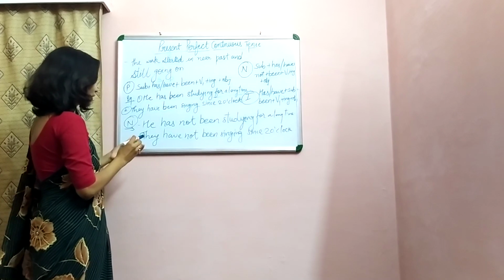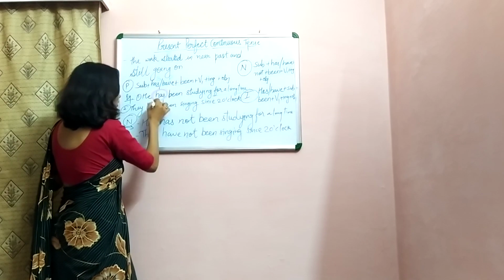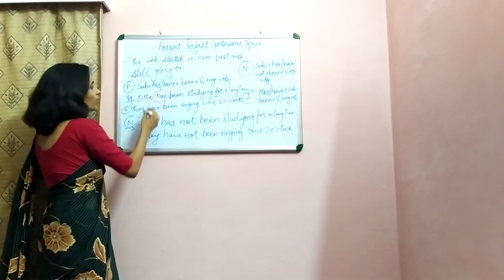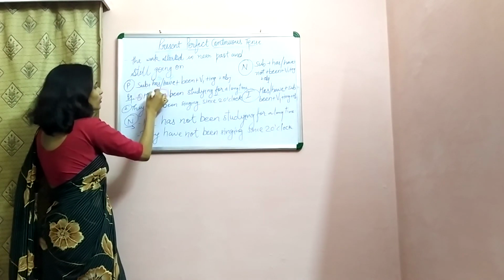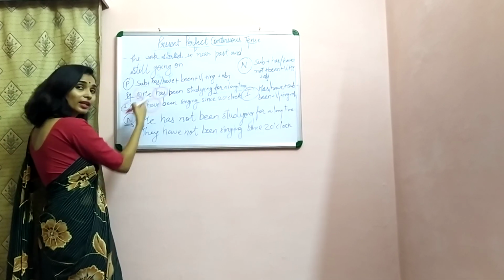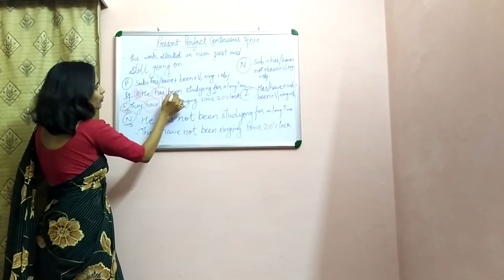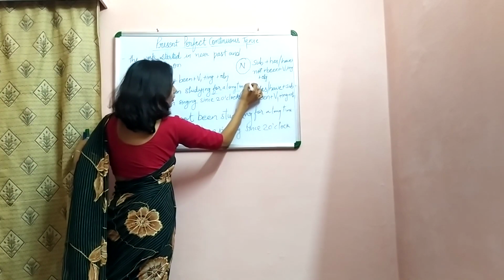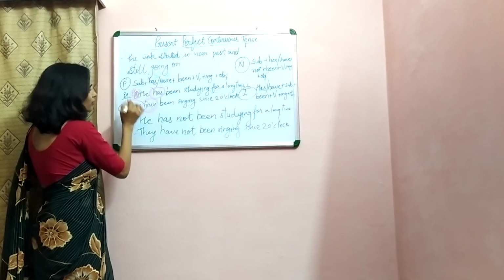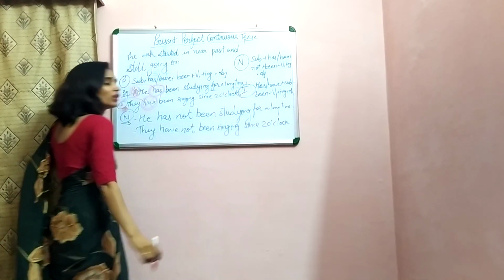When you want to convert a sentence into interrogative, has or have would be written in front of the subject. So this sentence will be, has he been studying for a long time, and then we are going to put a question mark. And have they been singing since 2 o'clock, and then here we will put a question mark.